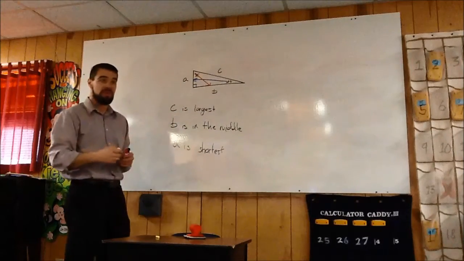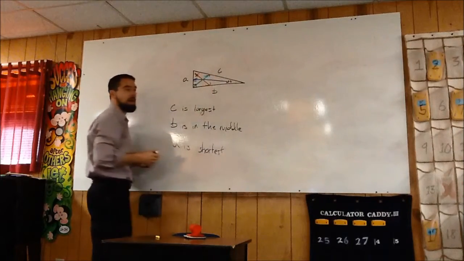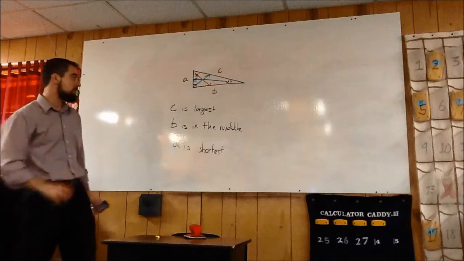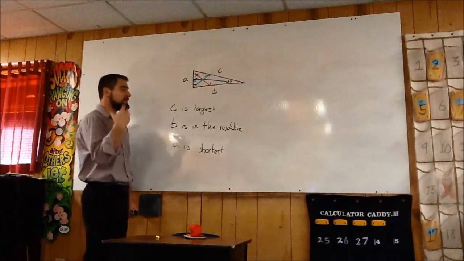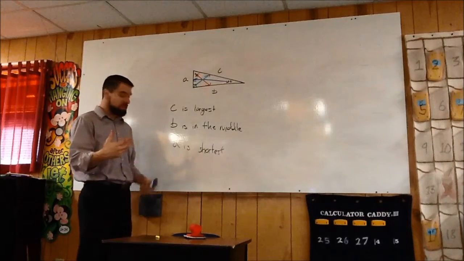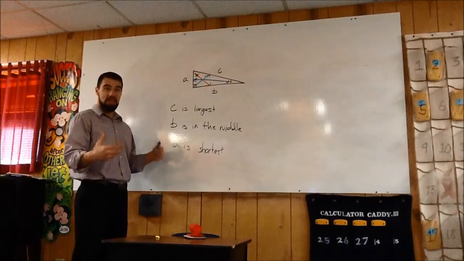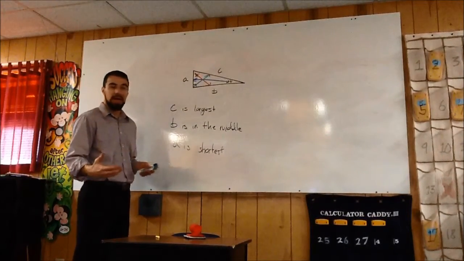We've seen this before in this class, and we said that the opposite side of the right angle would be the hypotenuse. And you should have seen that in 8th grade math or 7th grade math, or wherever your level was. Well, what is always true in triangles is that the largest angle is going to be opening up to the largest side.